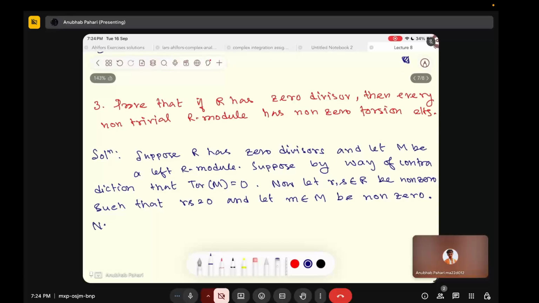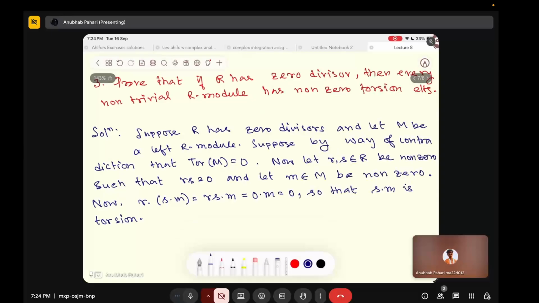Now r times (s dot m) is equal to (r s) dot m is equal to 0 dot m is equal to 0, so that s dot m is torsion. Thus s dot m equals 0 and so m equals 0, a contradiction.